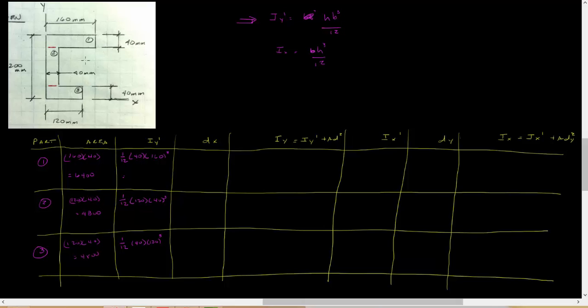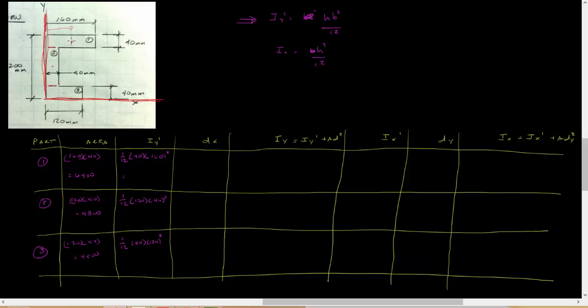Now dx. I'm looking at my x-axis, all the way down here, so I have to find the distance to here for part 1, to here for part 2, and to here for part 3. I apologize, I'm doing y prime first.